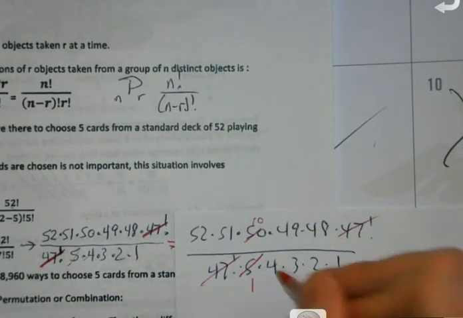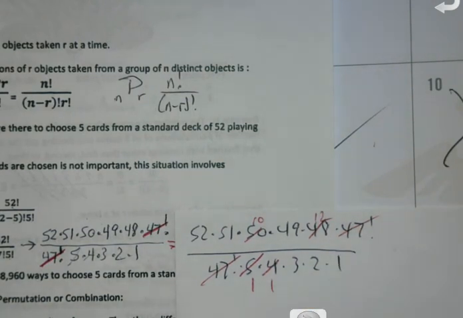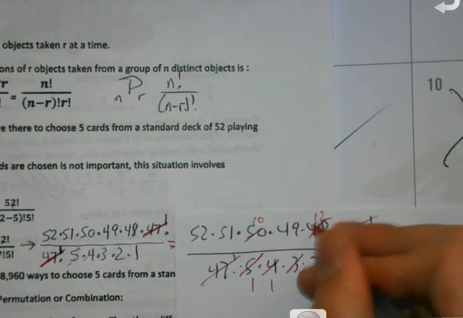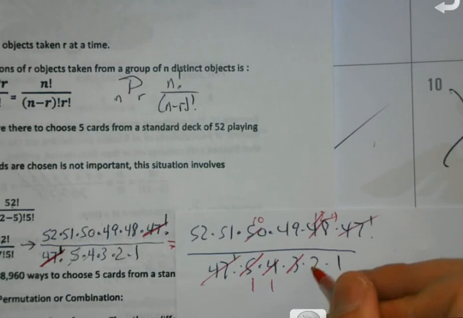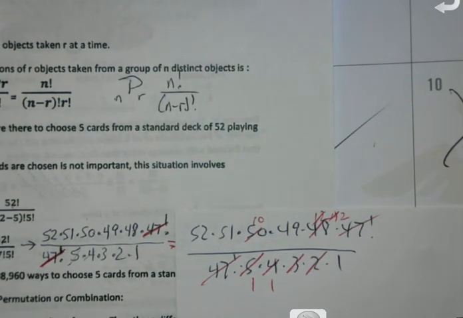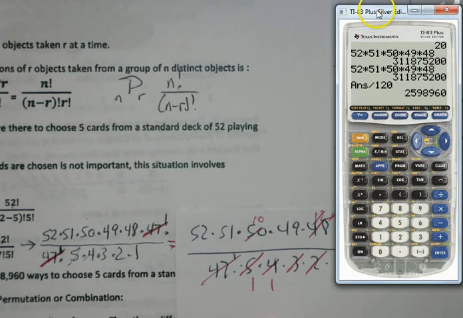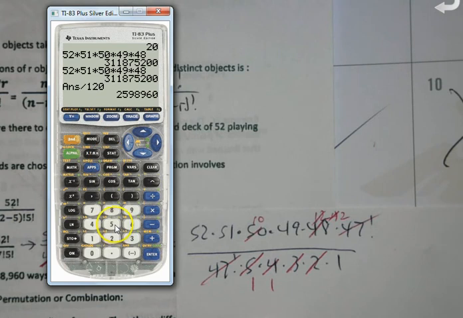I know 4 goes into 48 12 times. 3 goes into 12 4 times. And 2 goes into 4 twice. Now I've wiped all of these out. So all I would have to do now, if I wanted to do it that way, is 52 times 51, exactly, times 10.